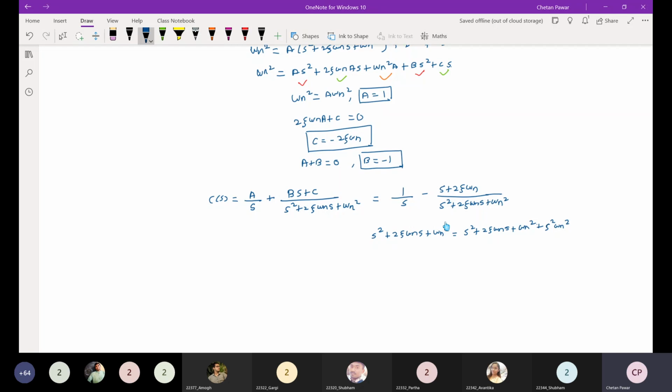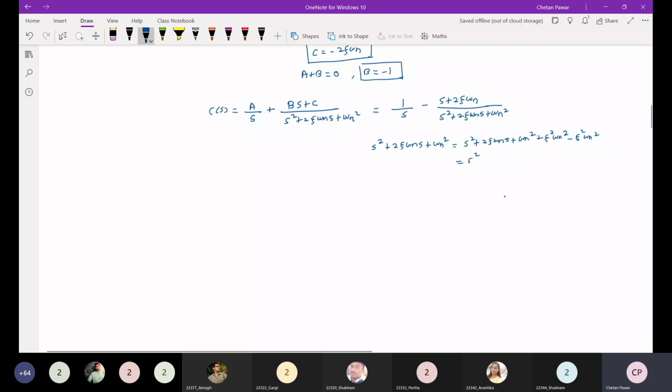This term will become (s plus zeta omega n) whole square, and this term I will take omega n square outside.